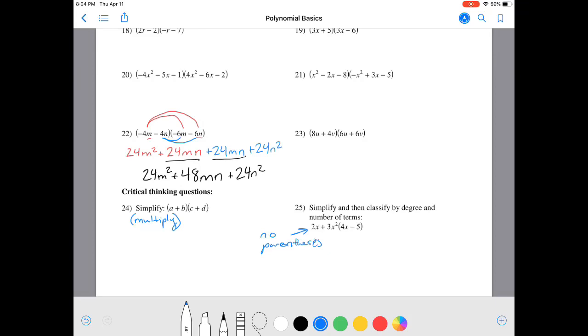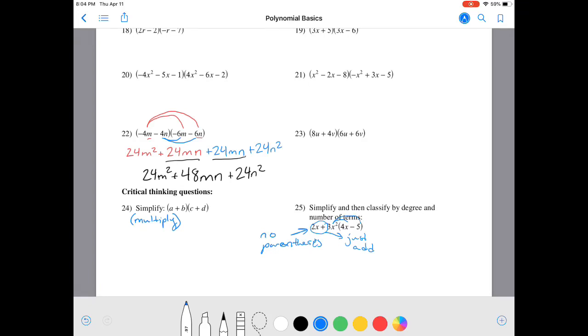Because there's no parentheses around the 2x and the 3x squared, we're just adding the 2x. And so we need to remember our order of operations with this, because when you add something, that's going to go after multiplication. So don't add before you multiply.